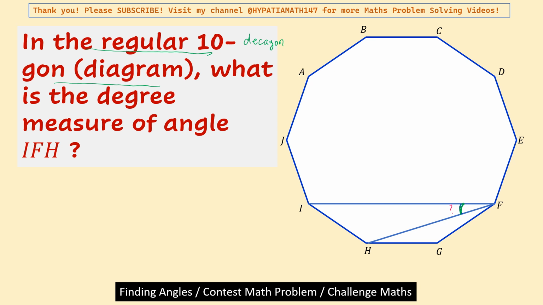Because it's a regular polygon, all of its sides are equal, and what would happen as a result of that is IFGH is, I should say, an isosceles trapezium or trapezoid.